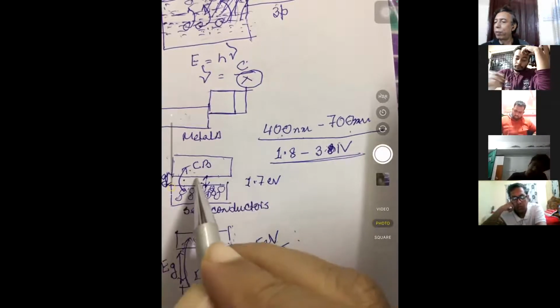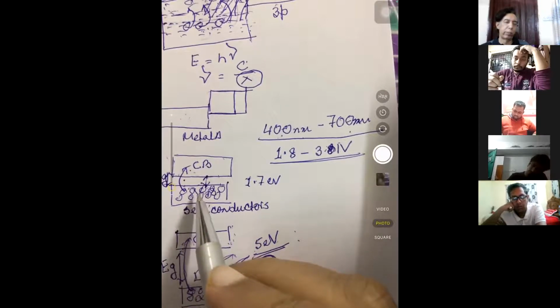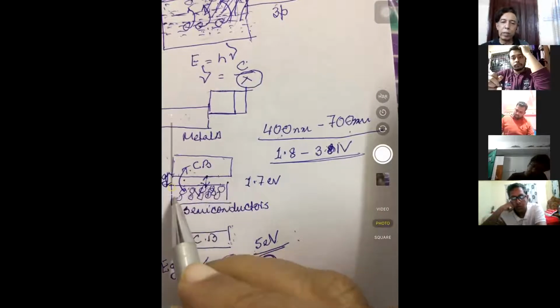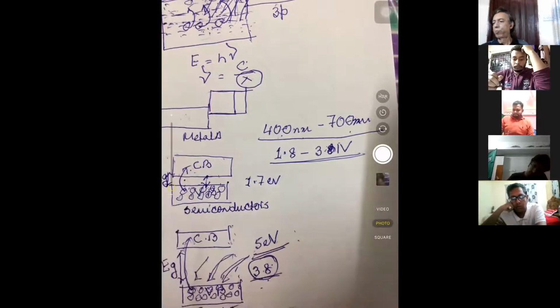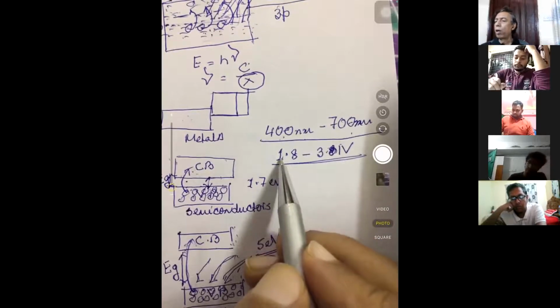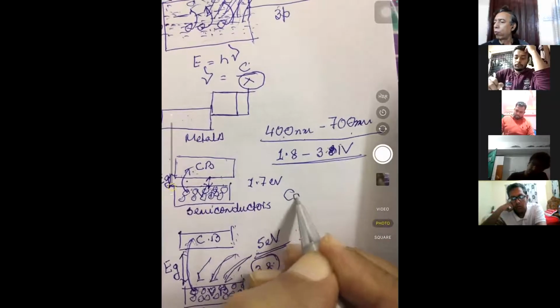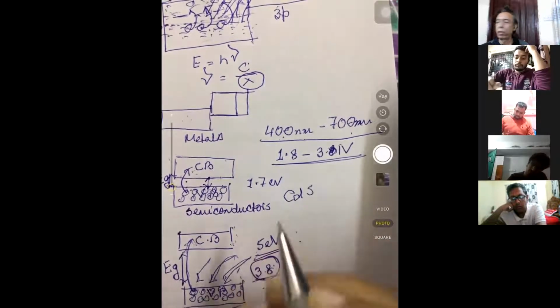If the band gap is below 1.7, all the energies of this will go to here. Now, for example, cadmium sulfide.